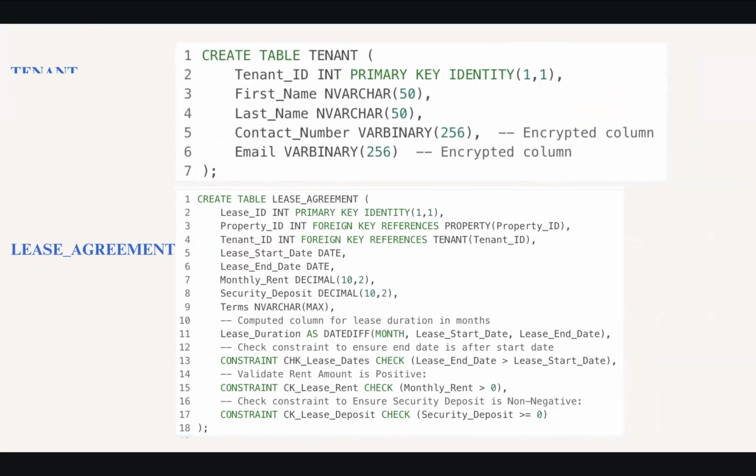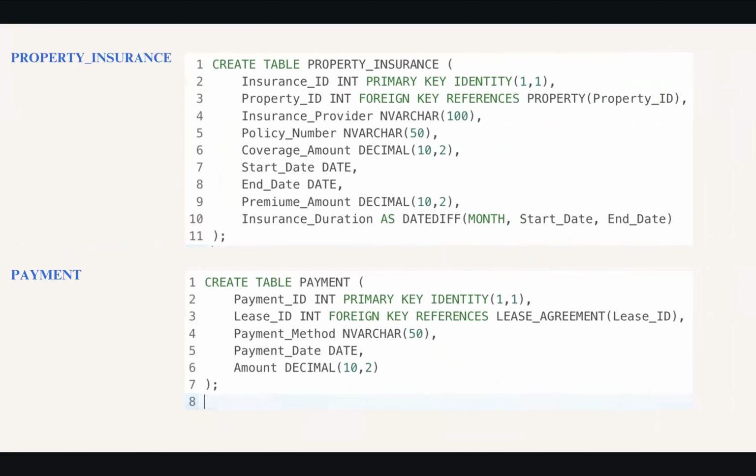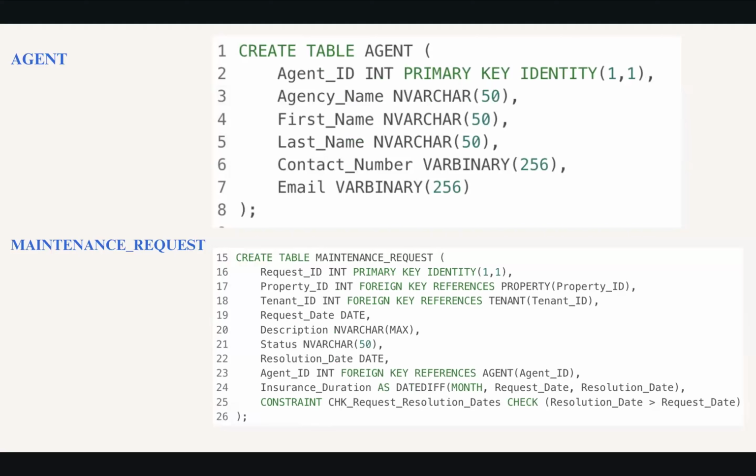Moving to lease agreements, this table manages the contractual details of leasing, including durations and payment terms. Then property insurance to ensure properties are covered, and payment table to record the financial transactions for lease. Then agent table to link the agents managing these properties, and maintenance requests to help track property upkeep.